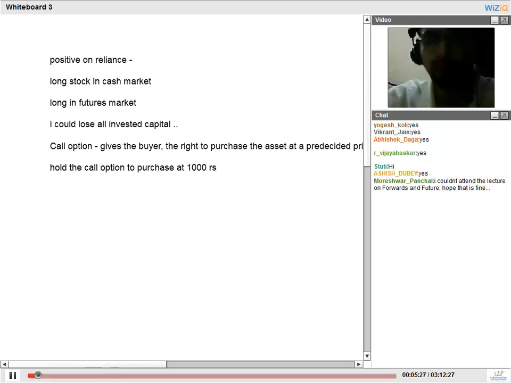Somebody has given me the right to purchase Reliance at a price of 1,000 rupees. The actual price at expiration, or whenever I get the opportunity to exercise this option, is rupees 1,200. Will I exercise my option? Will I exercise my right to purchase at 1,000 rupees?